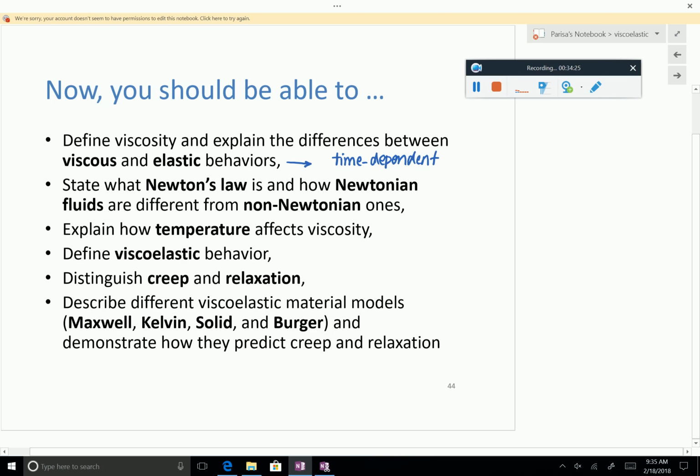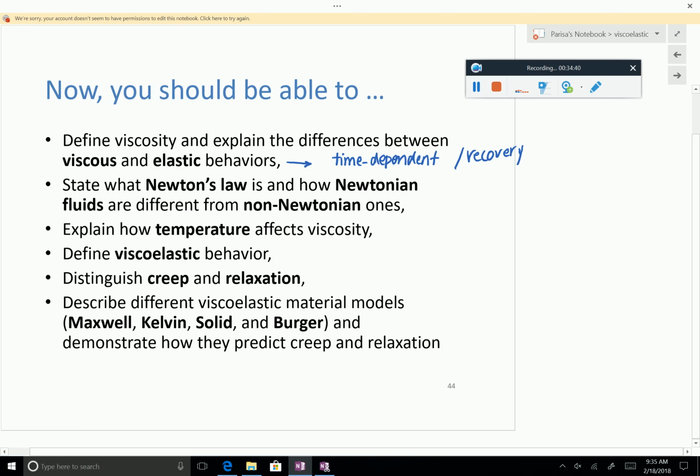In elastic materials it's instantaneous, and in terms of recovery, elastic materials have full recovery, and viscous materials, if fully viscous, have no recovery at all.